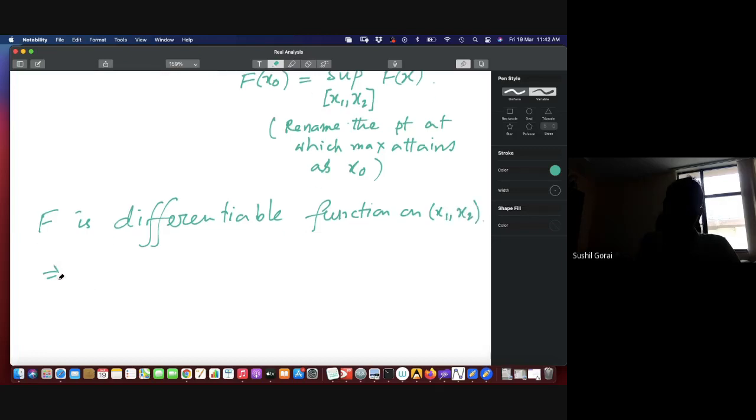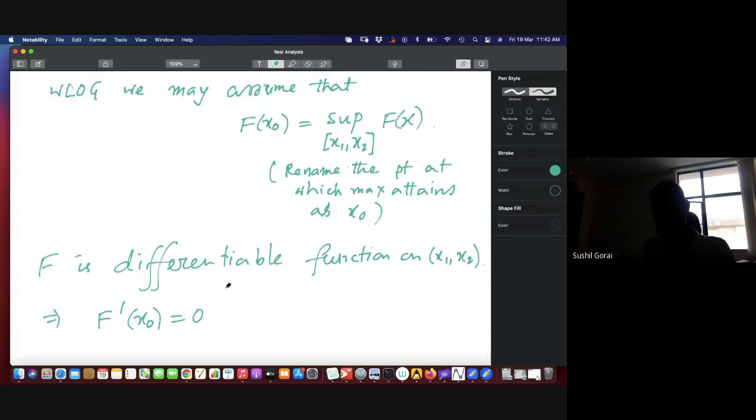So this implies f prime of x naught is equal to 0, right? Do you remember the theorem? If F is differentiable and attains a maximum at x naught, this implies the derivative is 0. That is a very important theorem of this chapter. Do you remember that theorem? Yes, sir.